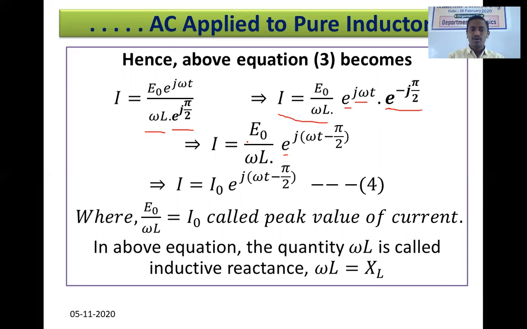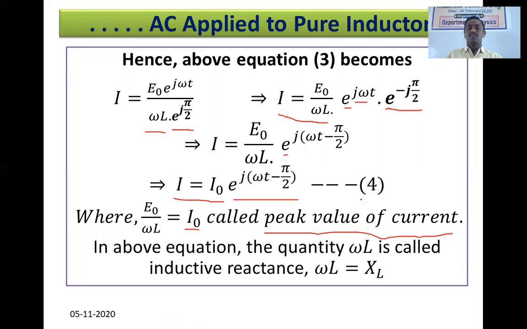So the ratio of the amplitude of voltage to the quantity analogous to resistance, the resultant quantity can be written as current I0. So E0 upon omega L equals I0, called the peak value of current or amplitude of the current. Let's put this quantity in the above equation. So the resultant equation becomes I equals I0 e to the power j in bracket omega t minus pi by 2. That is our equation number 4.